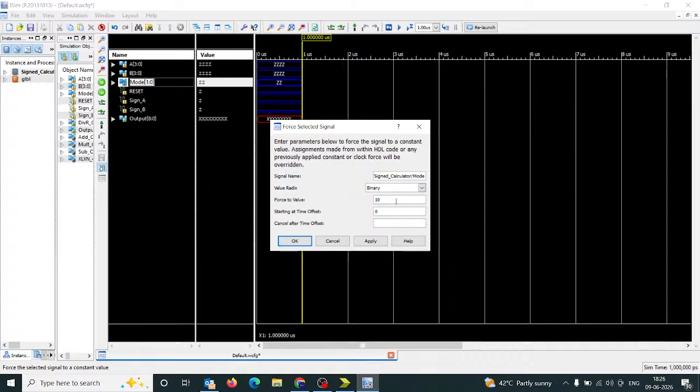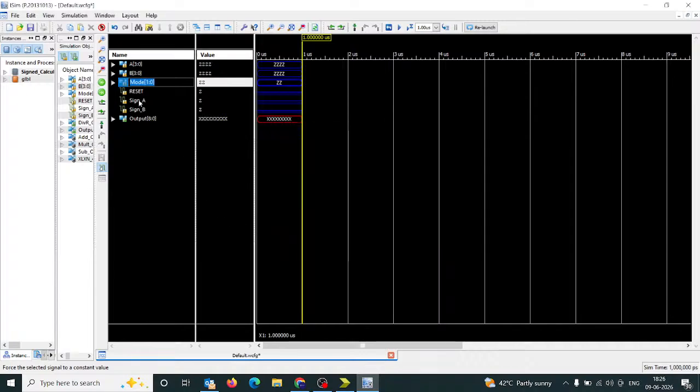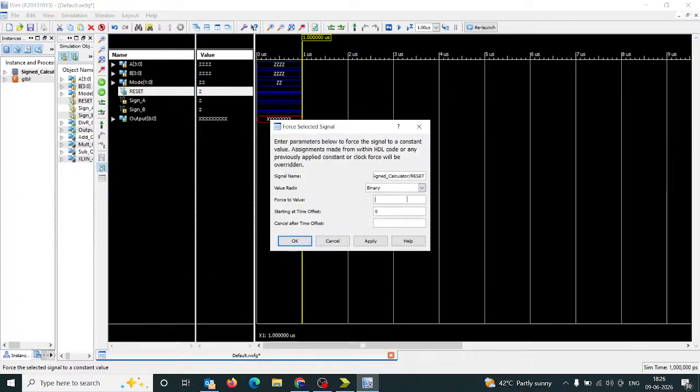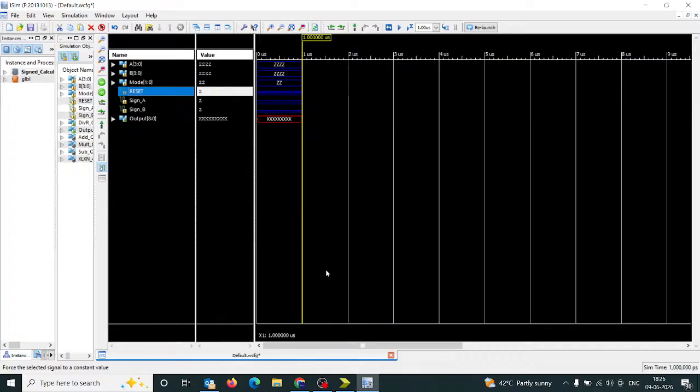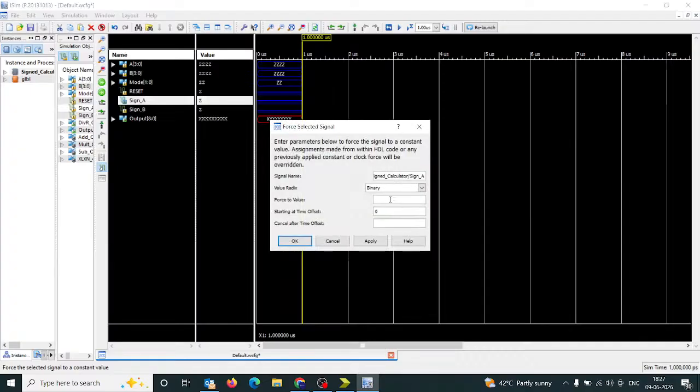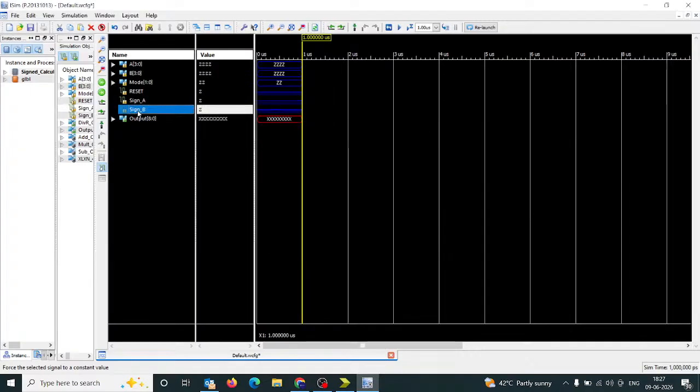So I will give 10. And this is my clear button. I will give 0, and 0 means reset, so all the output will be 0. Then for sign A and sign B, I will take initially both 0, that is both plus.